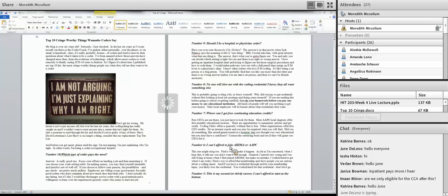I'm a member of AHIMA. I can't have my credentials without being a member of AHIMA. So you're going to have to be a member. My suggestion is to join as a student. It's super cheap as a student.